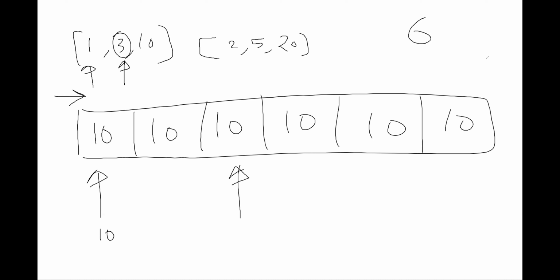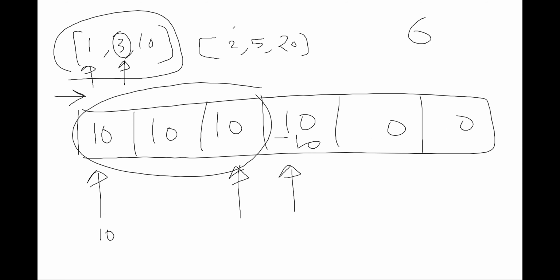What can I do after the third element to stop the propagation forward? Yes, put minus 10 there. So anything after this will have zeros populated, so there is no effect of this current interval on any element after this one.